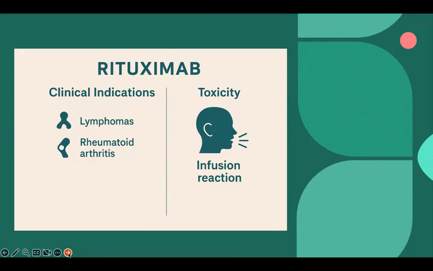Third drug, rituximab, is a monoclonal antibody and indicated for treatment of cancer, lymphomas, and rheumatoid arthritis. And toxicity is related to the infusion reaction because it's a monoclonal antibody.